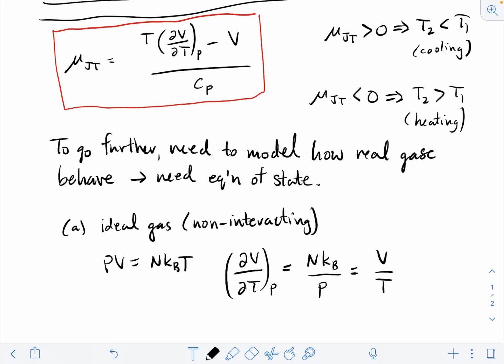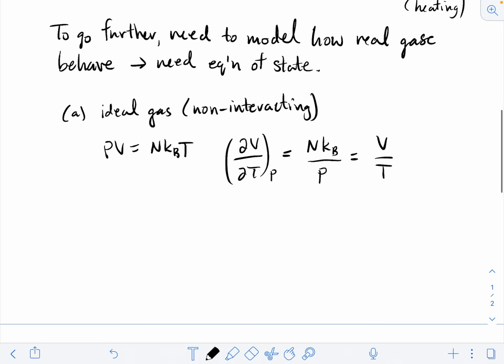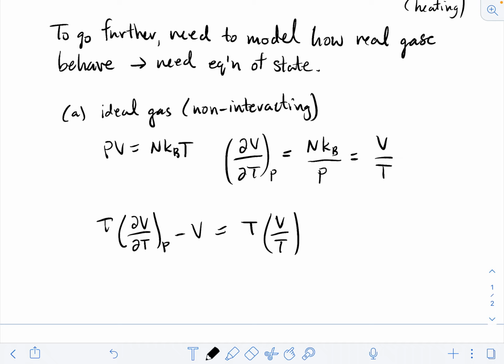And so when we consider the numerator of the Joule-Thomson coefficient, it's T times this partial derivative minus V. The partial derivative we said was equivalent to V over T, and then we minus V, and that becomes 0.